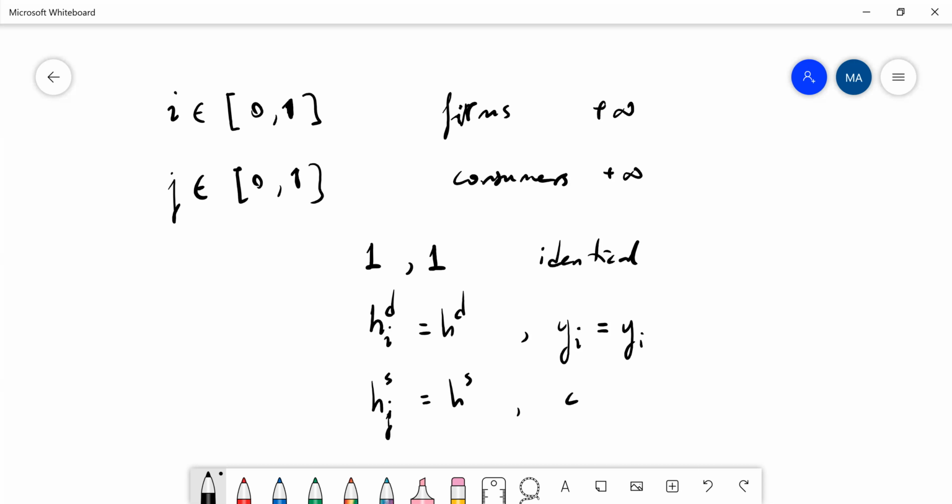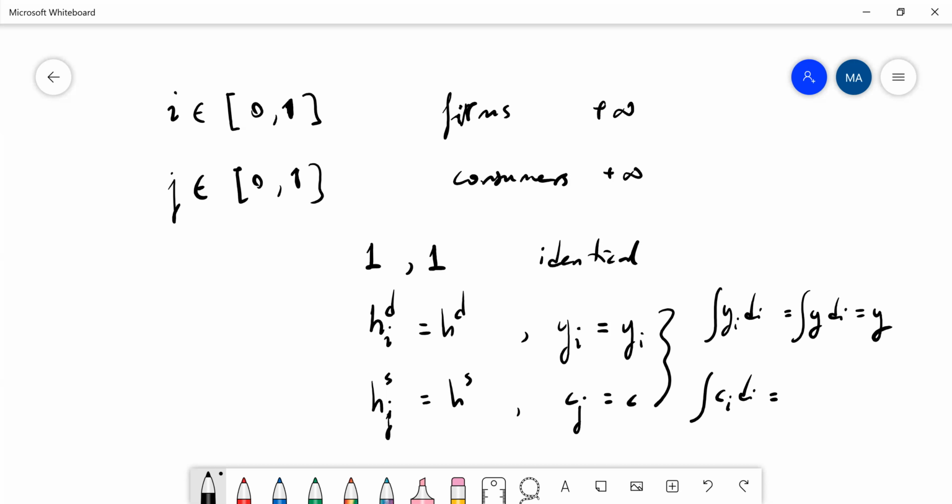okay, and consume the same amount of consumption, then these imply aggregate quantities are the same as average, okay? Remember integral, right? Because these are 0, 1, 0, 1, 0, 1.